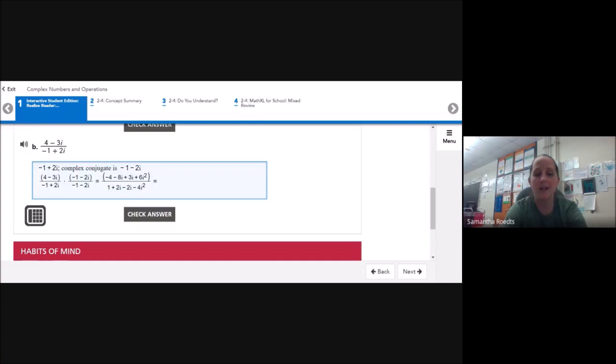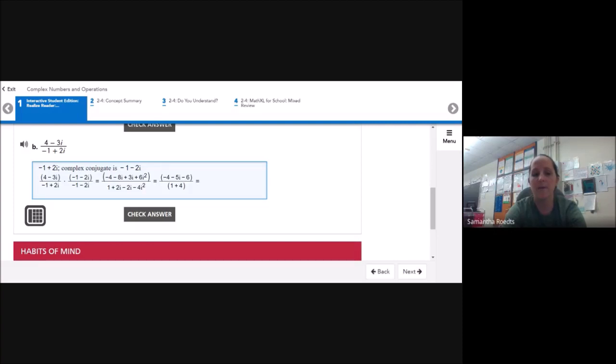Okay. Then, of course, i squared equals negative 1, so I have negative 4 minus 8i plus 3i is negative 5i. And i squared is negative 1, so that gives me 6. Okay, then I have 1, 2i minus 2i cancels, 4i squared becomes positive 4.